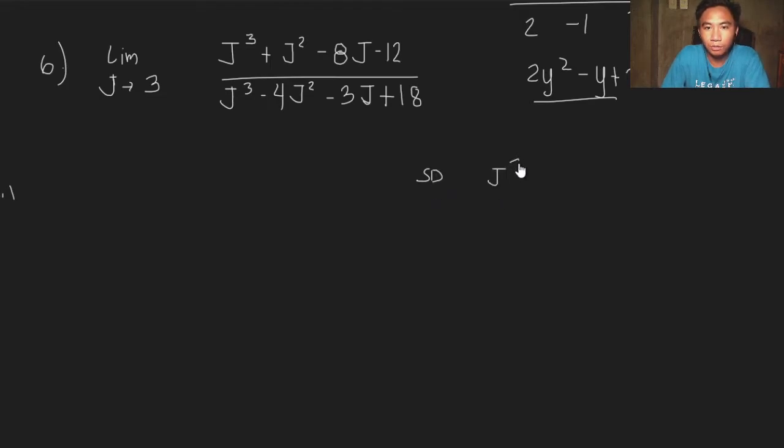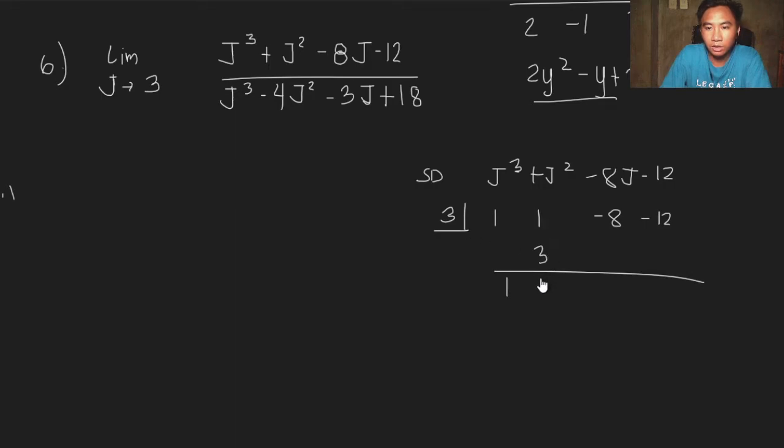So, j cubed plus j squared minus 8j minus 12. So, coefficient again, 1, 1, negative 8, negative 12. And then, j approaches to 3. Bring down 1, multiply to 3, add 4, multiply to 3 is 12.